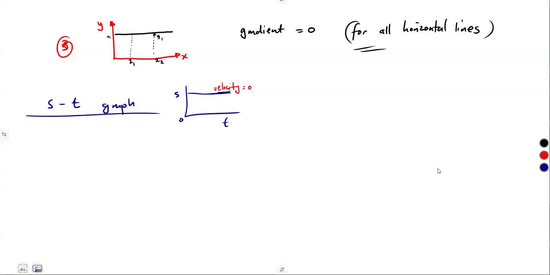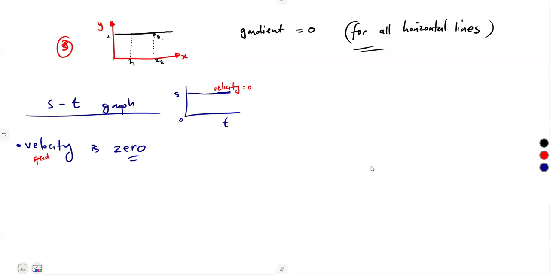That is the major case that you must consider, since we are referring to the gradient as the velocity. So the velocity is 0 in that case. Meaning to say, when the velocity is 0, remember velocity, we're talking about speed.